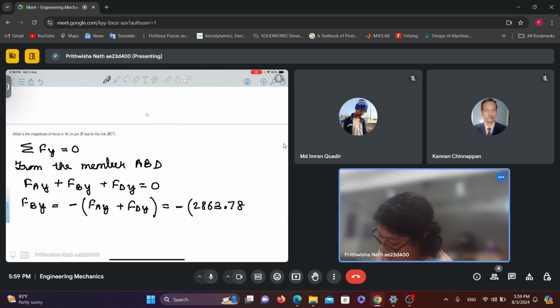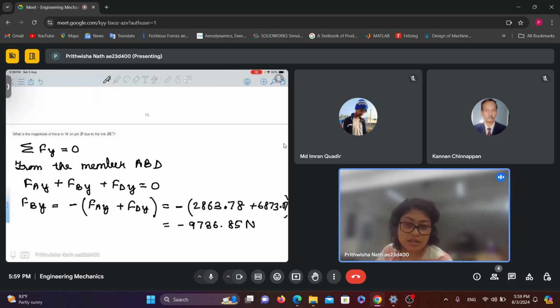2863.78 plus 6873.07. So this is minus of 9736.85 Newton. So this negative sign implies that it is in the opposite direction that we had assumed previously.